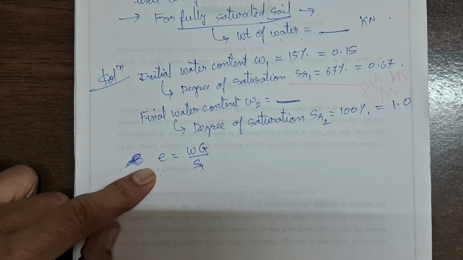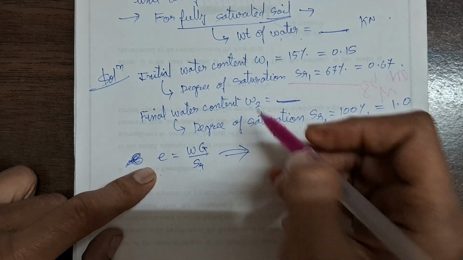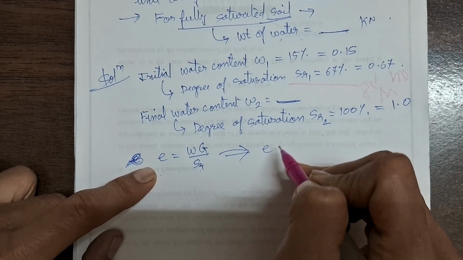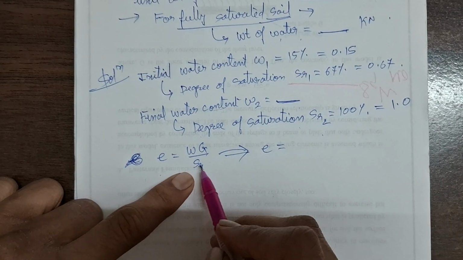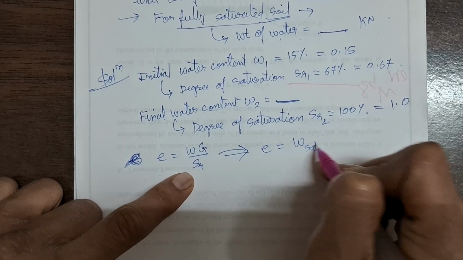So directly now this formula will be converted into, because for saturated condition, e is equal to w sat G.